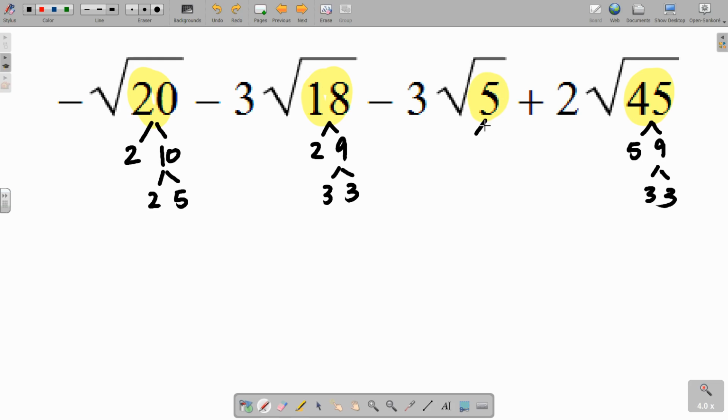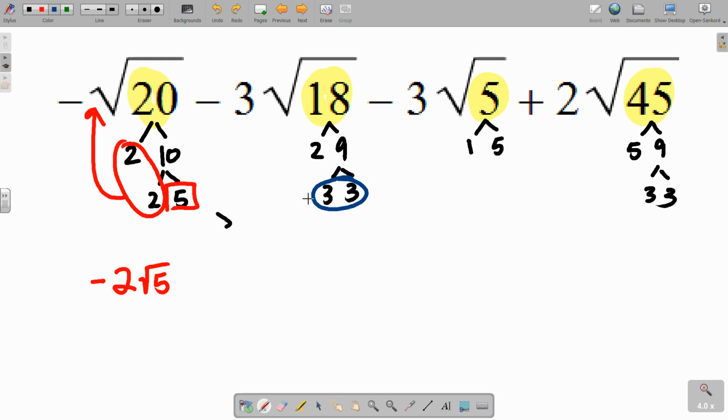When I factor 5, I get a 1 and a 5. There's no other components. Now we're going to simplify. So for this one, that double 2 is going to come out right there, and it's going to change to minus 2 root 5.